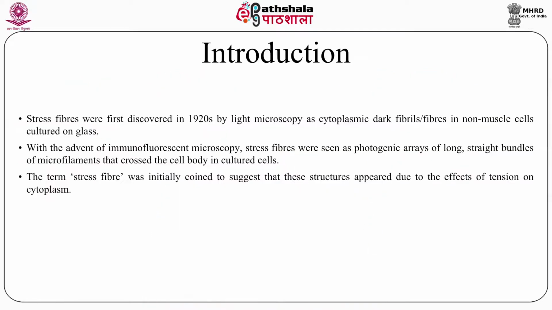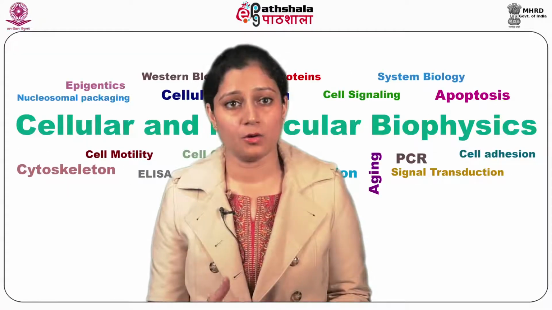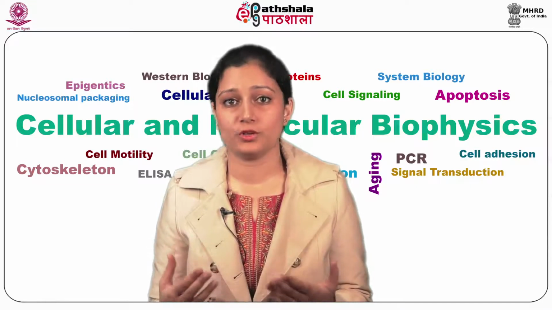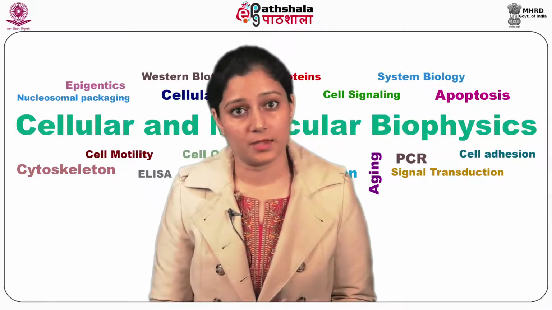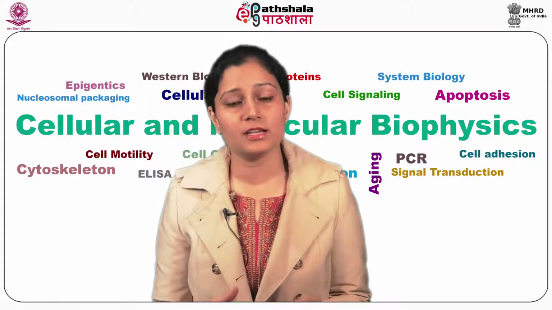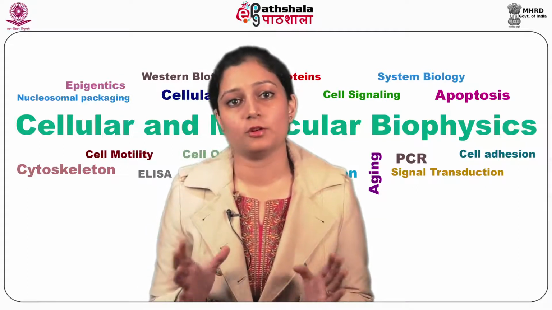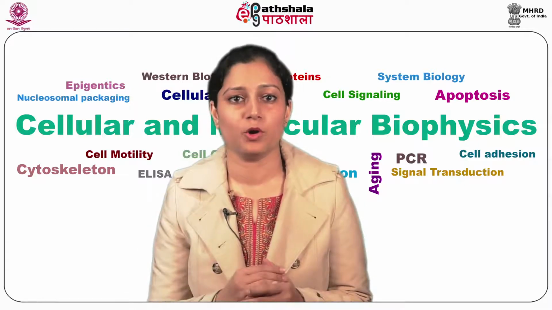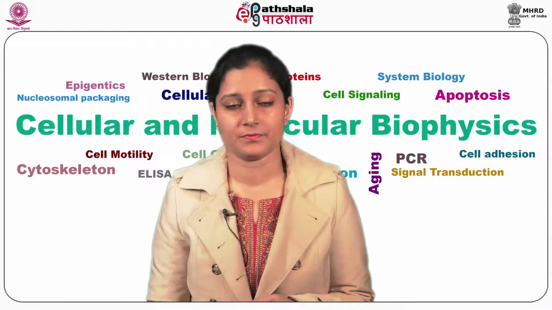Stress fibers were first discovered in the 1920s by light microscopy, and were seen as cytoplasmic dark fibrils or fibers, especially in non-muscle cells which were cultured on glass slides. Now, with the advent of immunofluorescence microscopy, stress fibers are seen as photogenic arrays of long, straight bundles of microfilaments that cross the cell body in cultured cells.